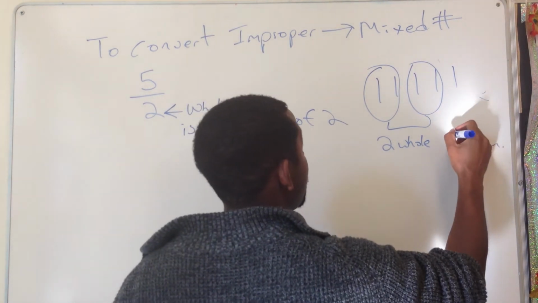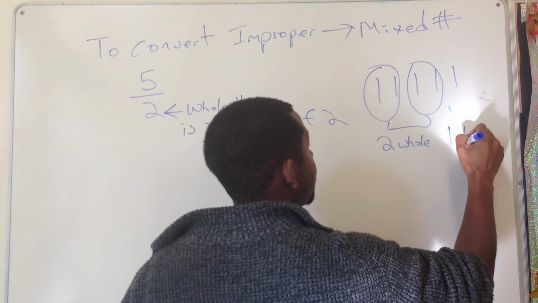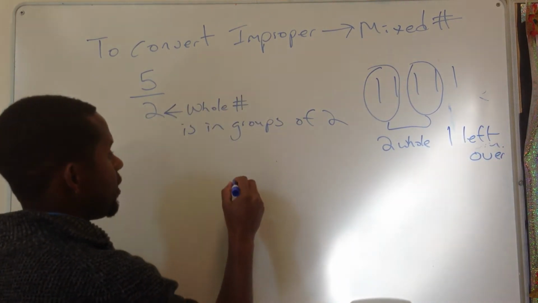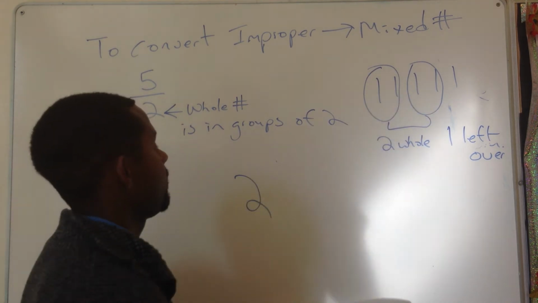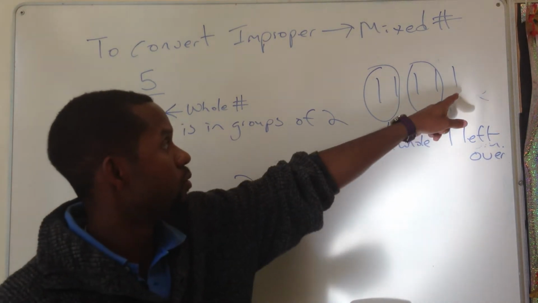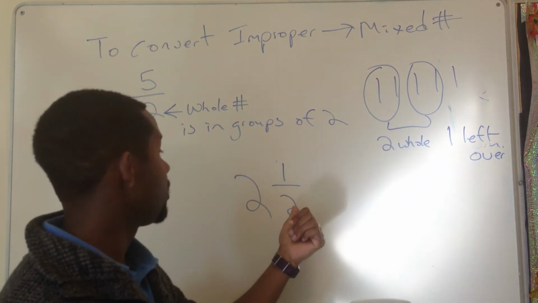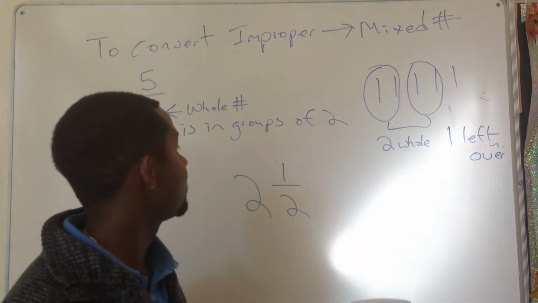And I have 1 left over. So I have 2 whole groups of 2 that I can make, and I have 1 out of a group of 2 left over. Here's my 1 that's left over, right? I want a group of 2, so I could have 3, but I don't, so I only have 1 out of 2 in this last group.